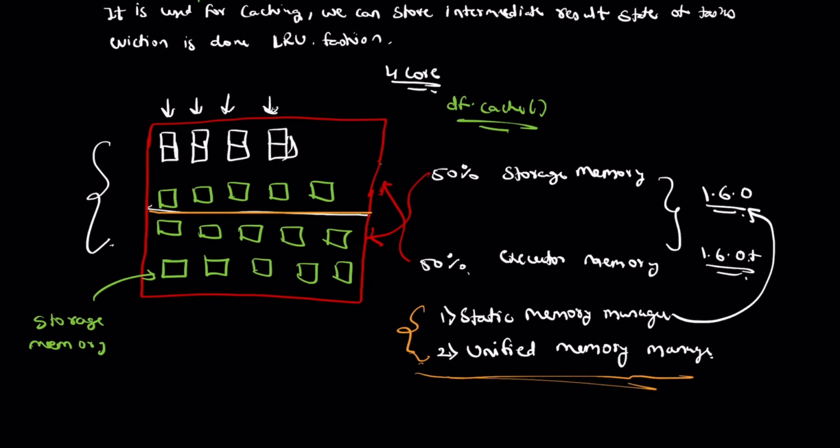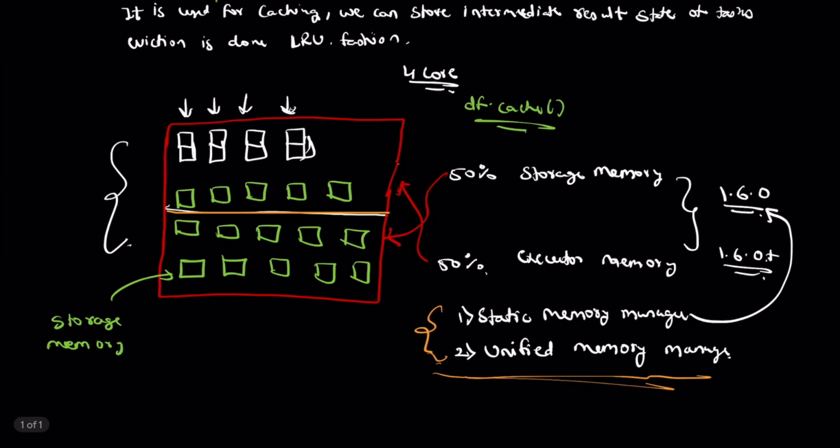And now let's say that the executor memory is full. What will happen now is the cache stored in storage memory would be getting evicted in least recently used manner. So let's say this partition is not used that frequently. So this will be evicted, and now this evicted memory can be utilized by the executors.